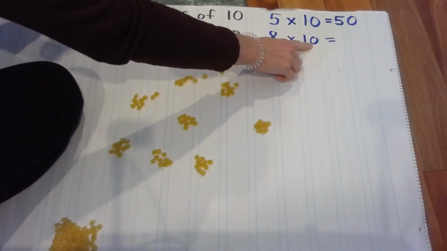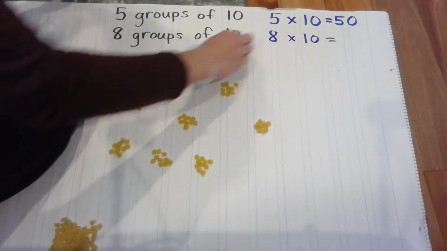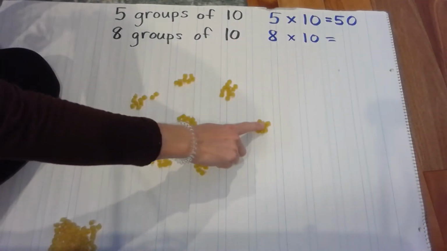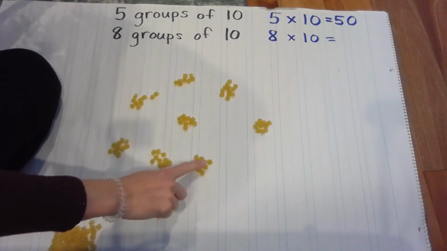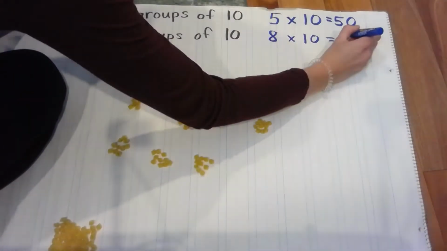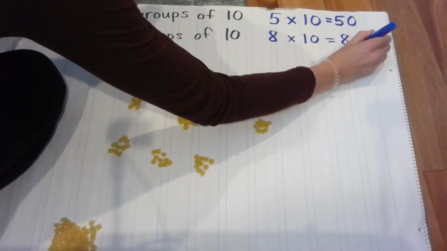Well, we have to count by 10 8 times. So we'll count 10, 20, 30, 40, 50, 60, 70, 80. 8 times 10 equals 80.